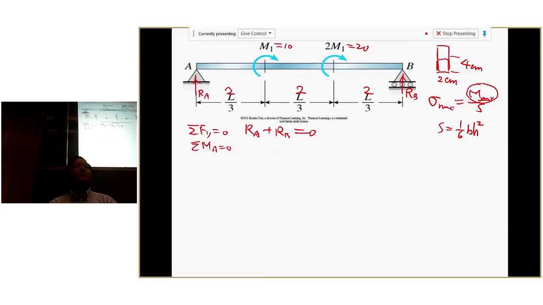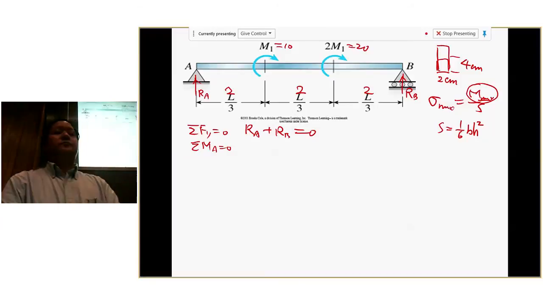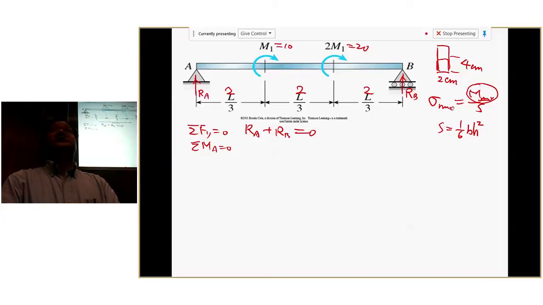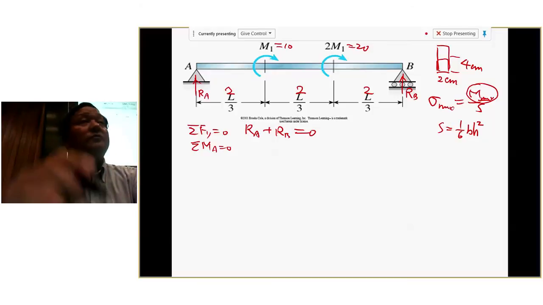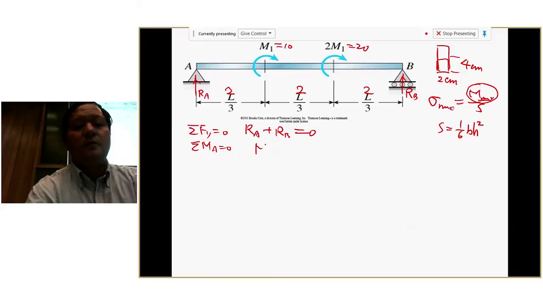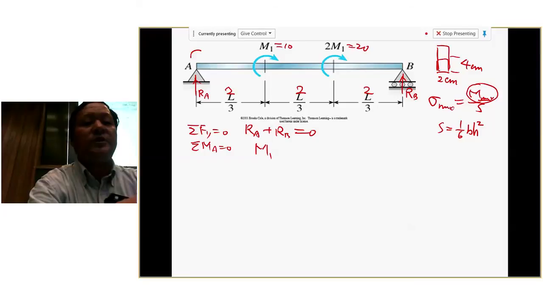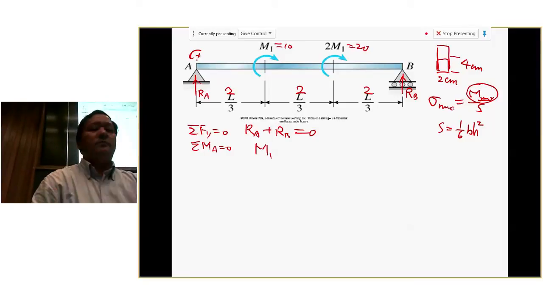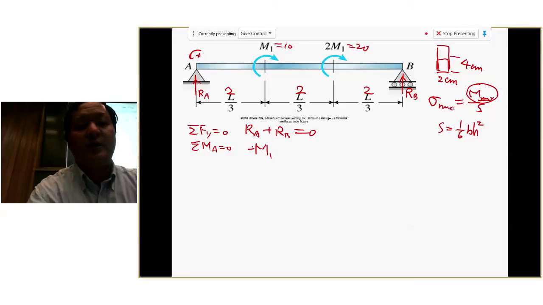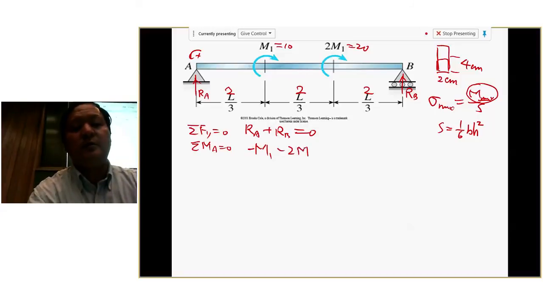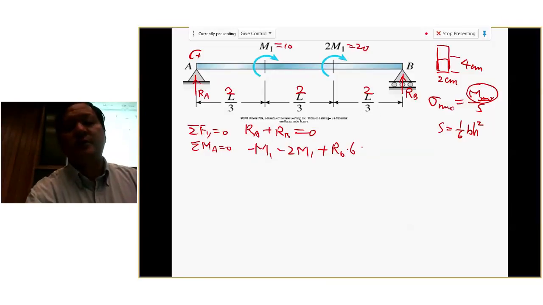Now express it out. About point A, you're going to have M1, that's what we call negative, right? We use counterclockwise as the positive direction for equilibrium. So you have negative M1, negative 2M1, plus RB times the whole length, that's 6, equals 0.